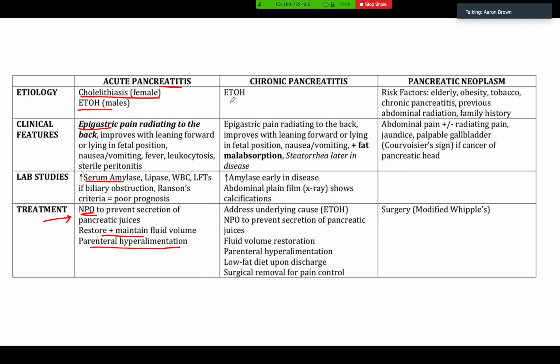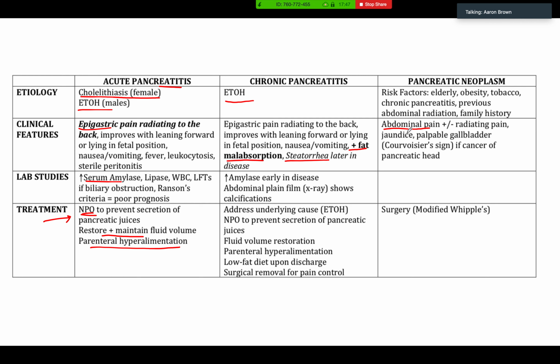Chronic pancreatitis, we're really thinking about these smokers. Here we see everything that we see in acute pancreatitis plus fat malabsorption, aka steatorrhea, fatty diarrhea. And then pancreatic neoplasm, here we will see some abdominal pain possibly, although the problem is, oftentimes we don't see any abdominal pain.